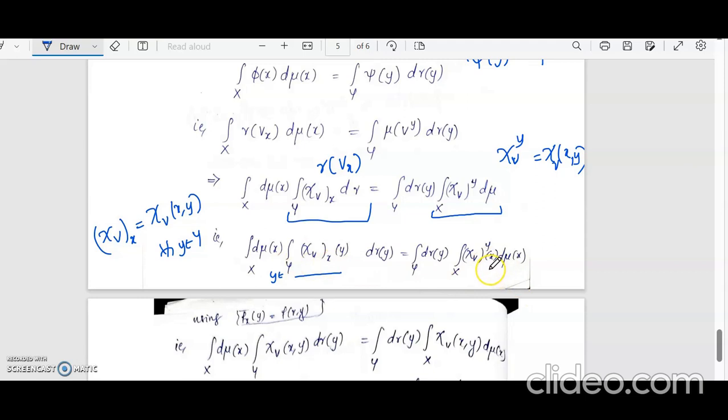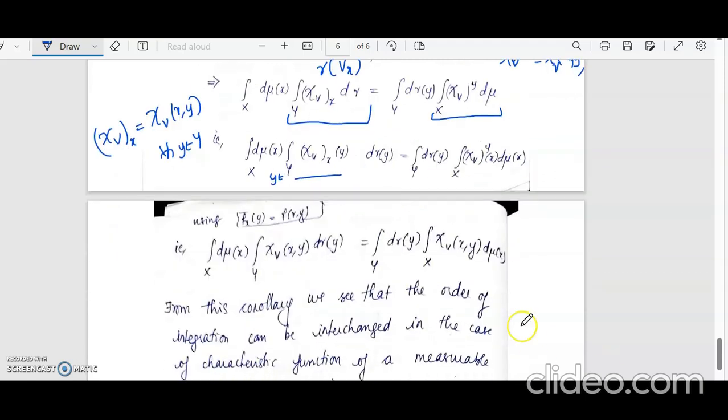Similarly, using the property of the y section, this will be equal to chi v of xy. So the integral can be rewritten as integral over x d mu into integral over y chi v of xy dr equal to integral over y dr chi v of xy d mu. So we can see that the order is interchanged here.